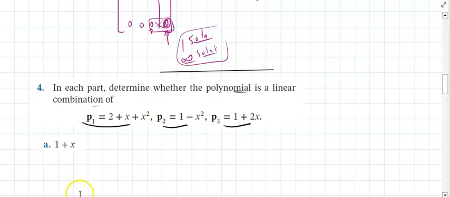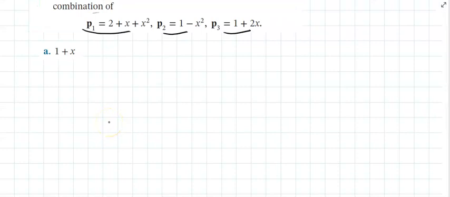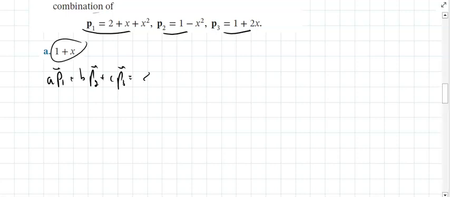If I want to take 1 plus x, that's a linear equation. So can I take A times P1 plus B times P2 plus C times P3 and set it equal to 1 plus x for now? We'll use A, B, and C for the quadratic.